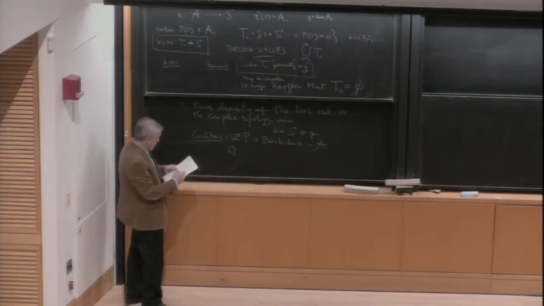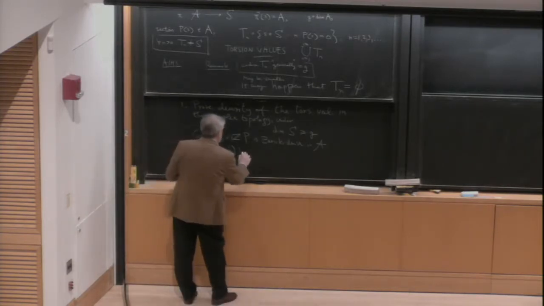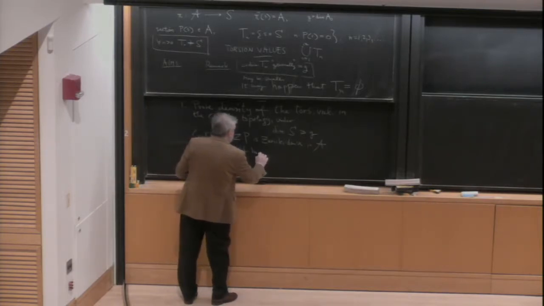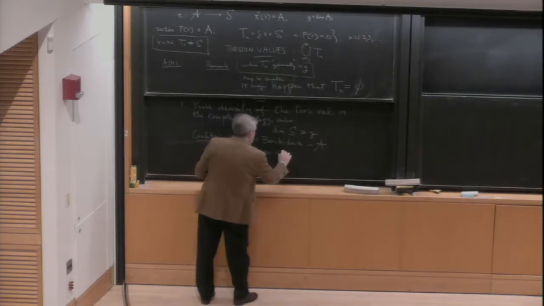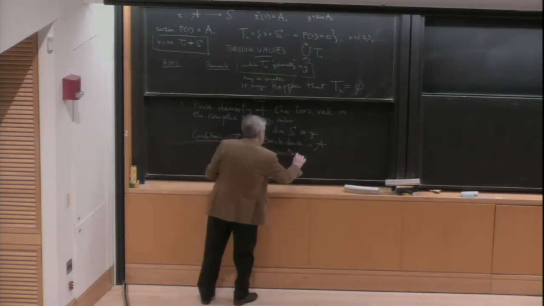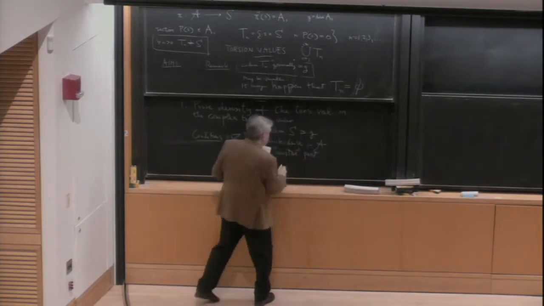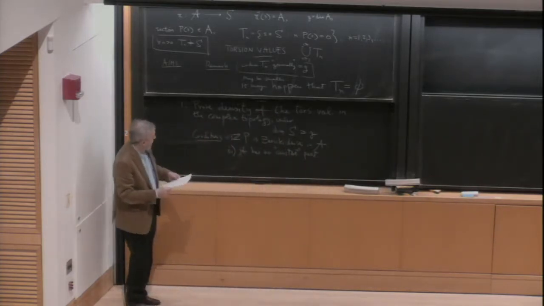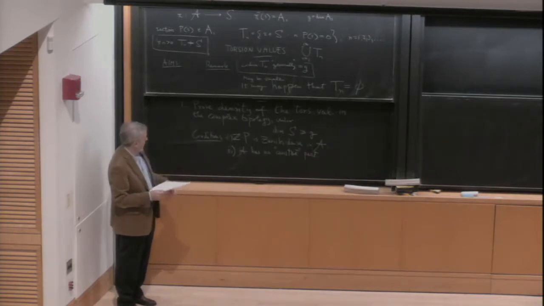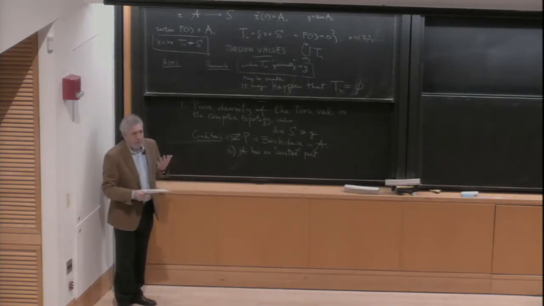And the second condition that we shall assume is that the family A has no constant part. I don't define this formally now, but I will give examples later.